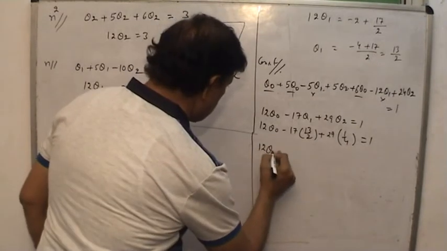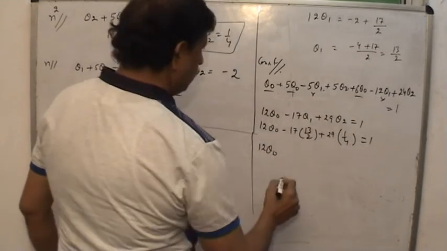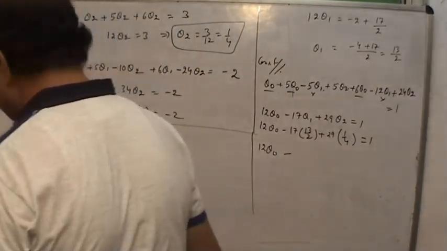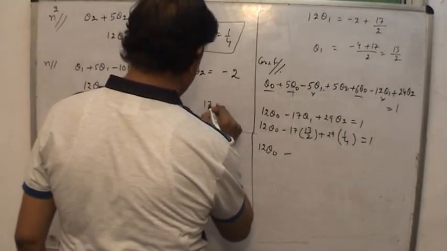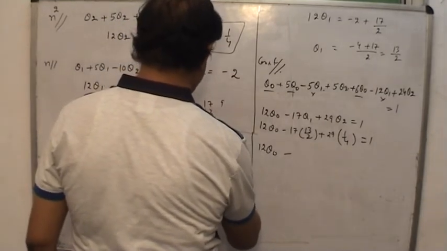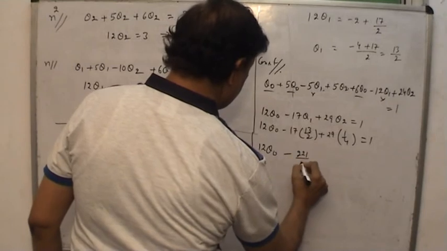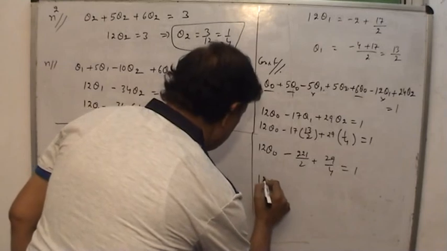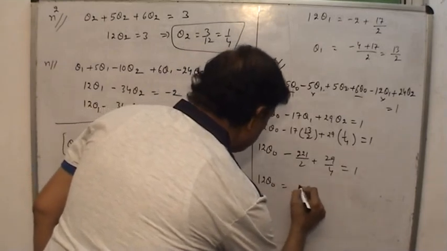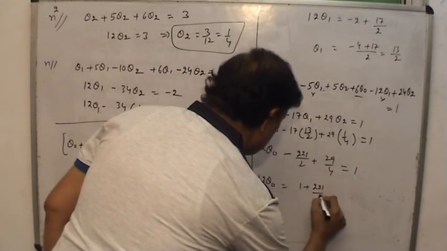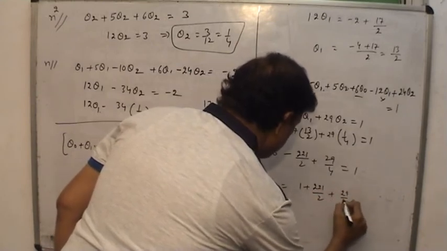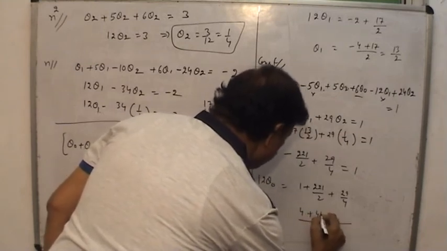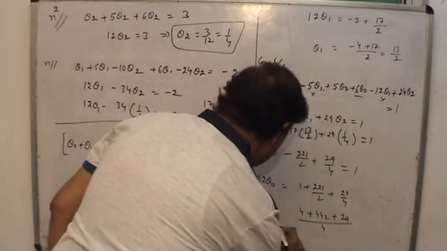It is 12 Q0 minus, let's multiply it, 221 divided by 2 plus 29 divided by 4 is equal to 1. 12 Q0 is equal to 1 plus 221 by 2 minus 29 by 4. That is 4 plus 442 minus 29, divided by 4.